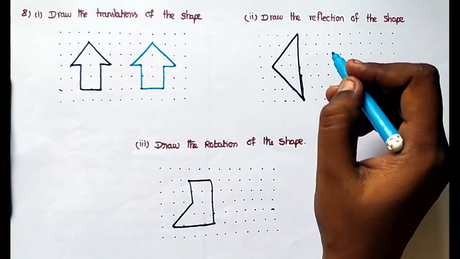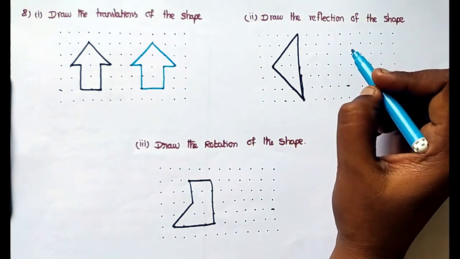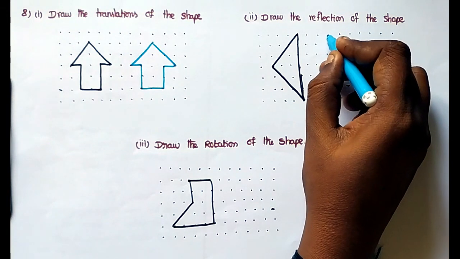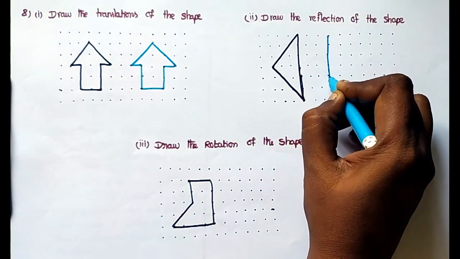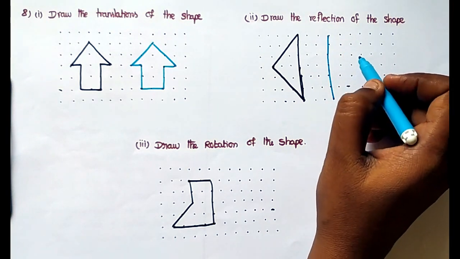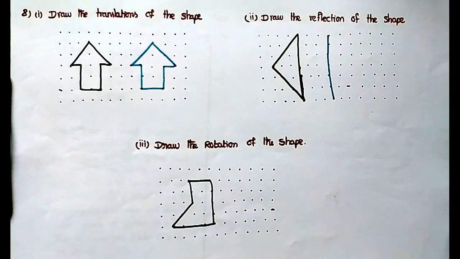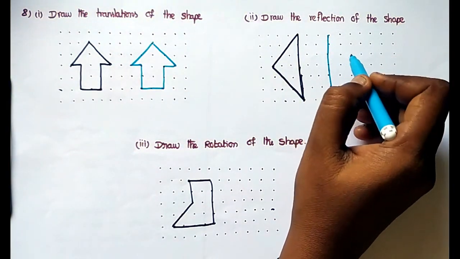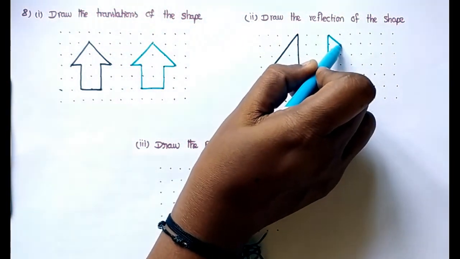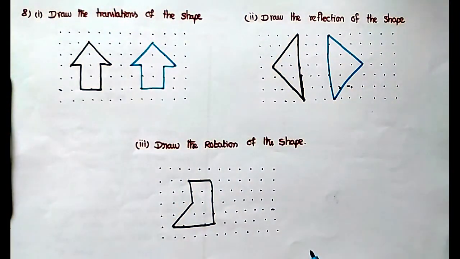Next one, draw the reflection of the shape. Reflection means what? In front of the mirror, how it will be seen. That is the reflection.